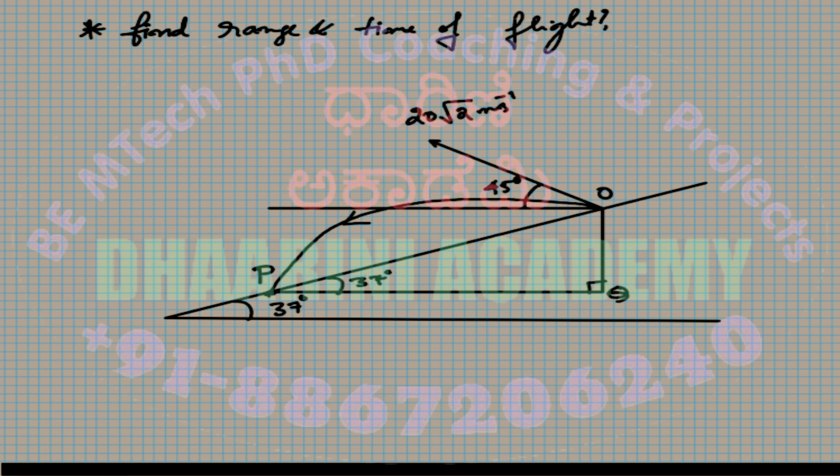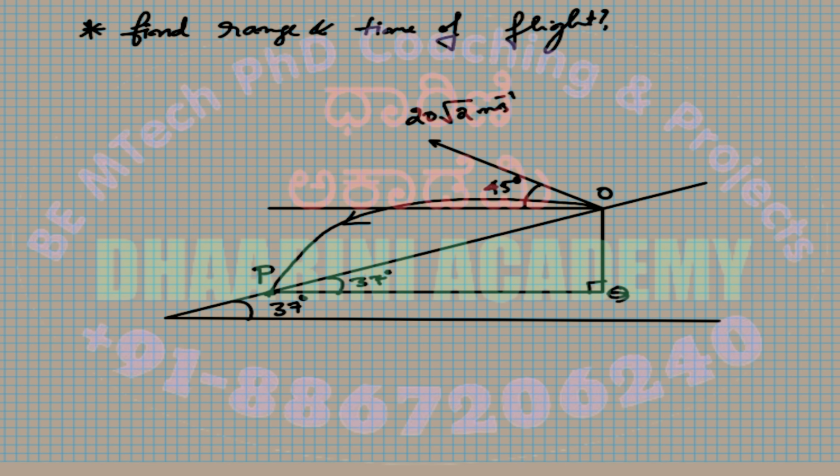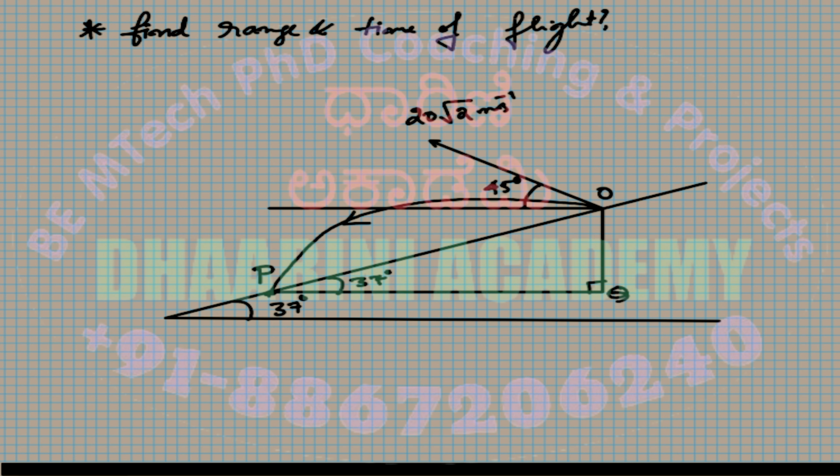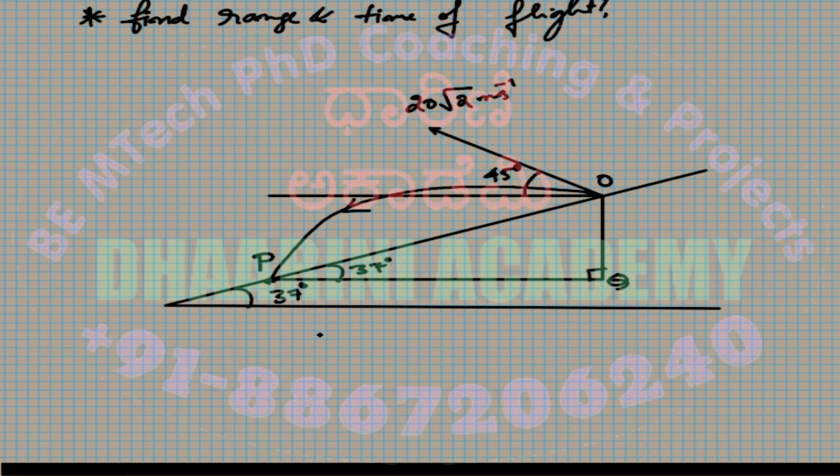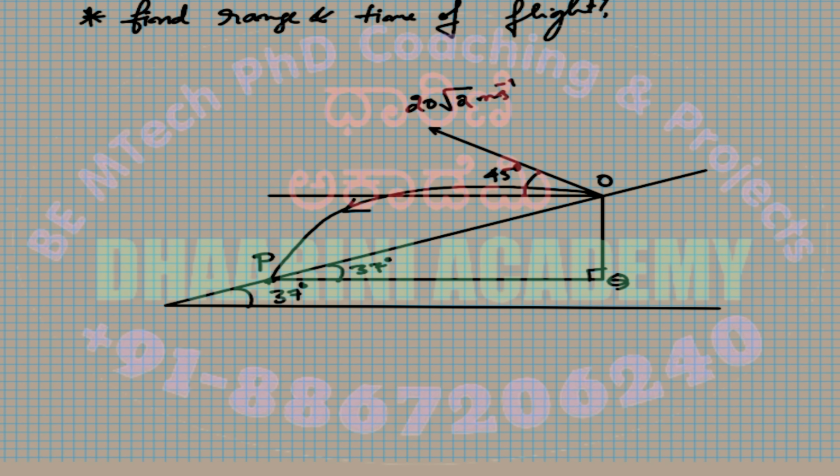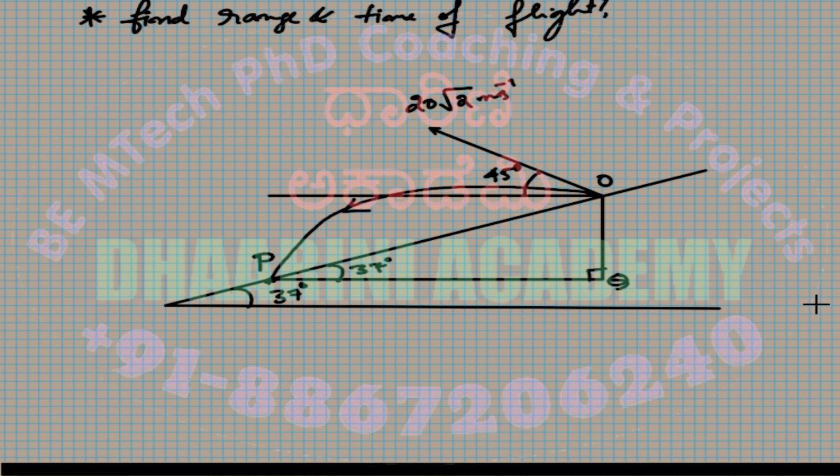I create a right angle triangle for us. Okay, so now let us assume that these are the x and y axis. So for me, this is positive x, this is positive y.